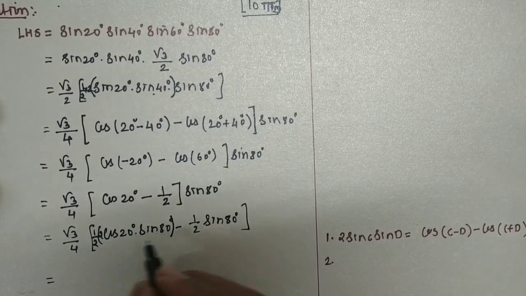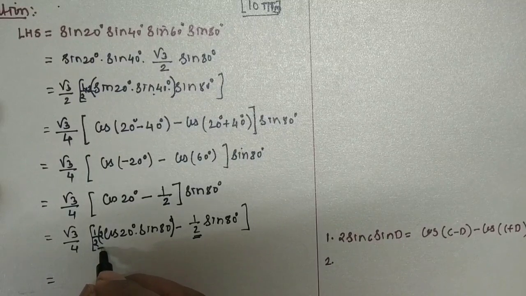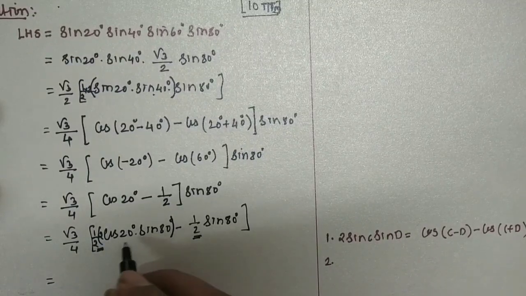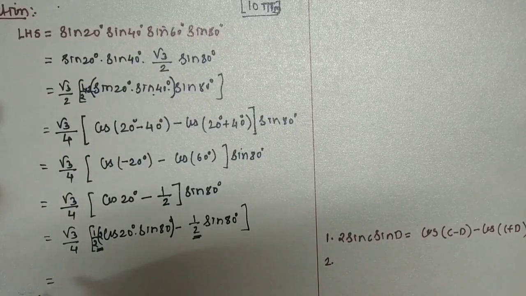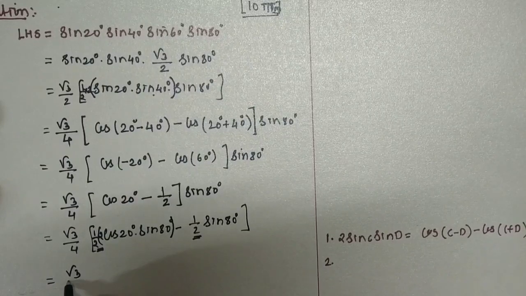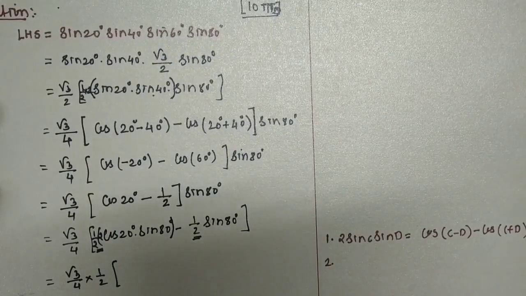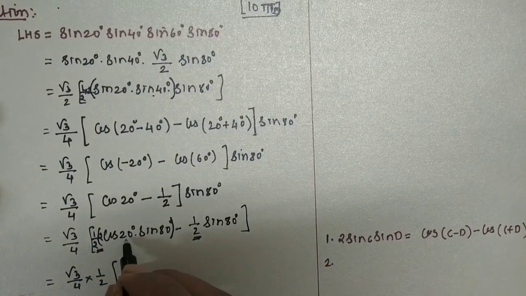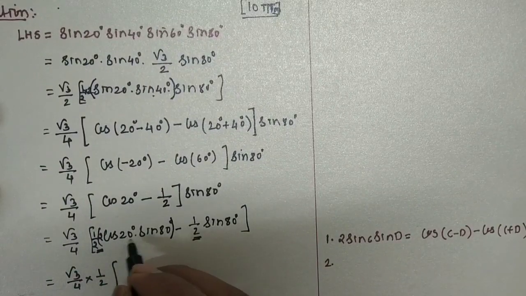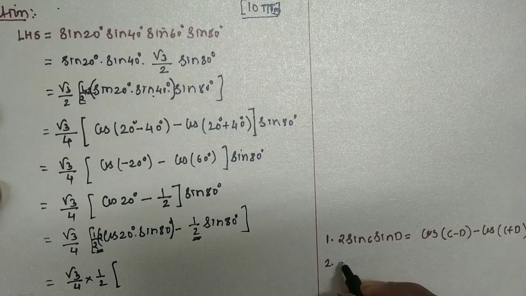Now this is 1 by 2 and this is 1 by 2, so I can take this 1 by 2 common from both terms. So you will get root 3 by 4 into 1 by 2. And here you have 2 cos 20 degree into sin 80 degree.